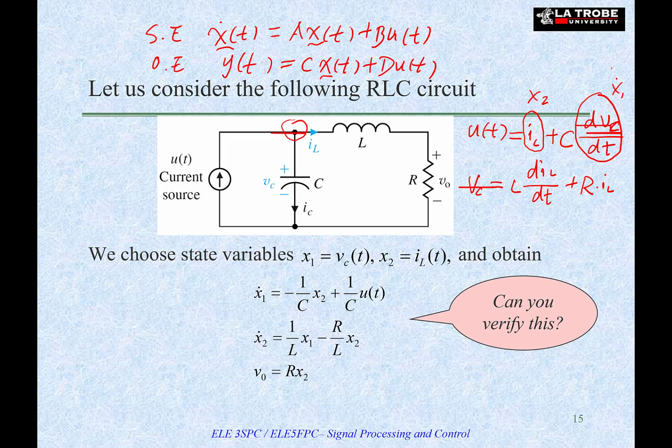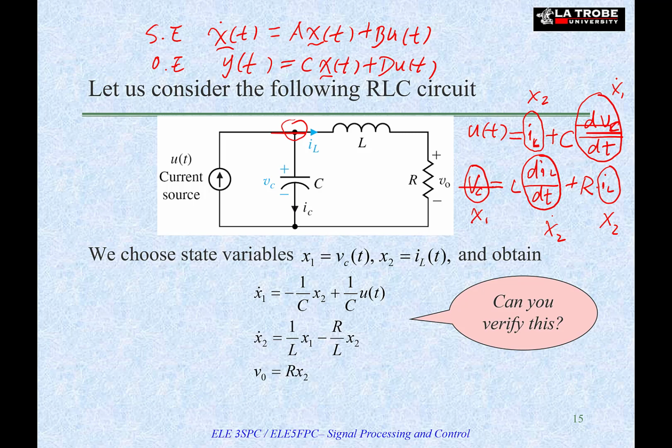L diL/dt is x2 dot. iL is x2. vC is x1. I've omitted t for simplicity, so all of this should be understood as a function of t.